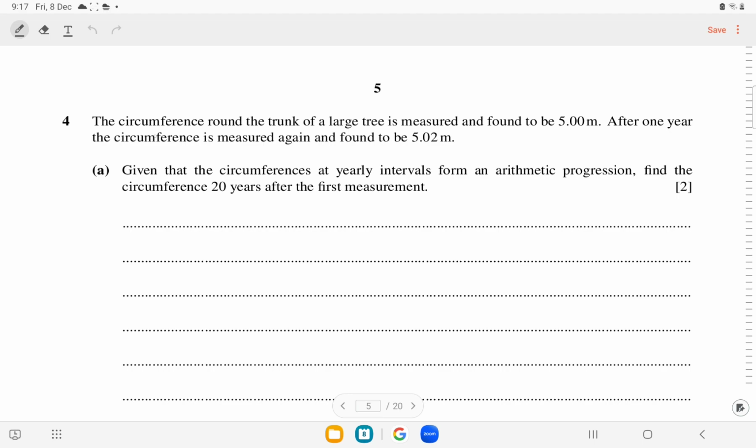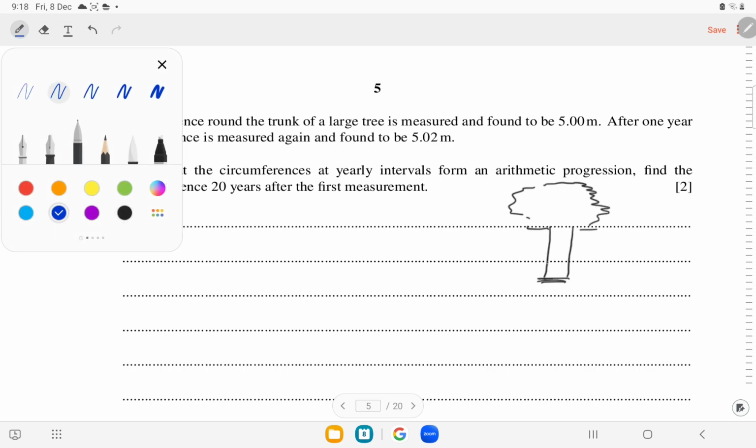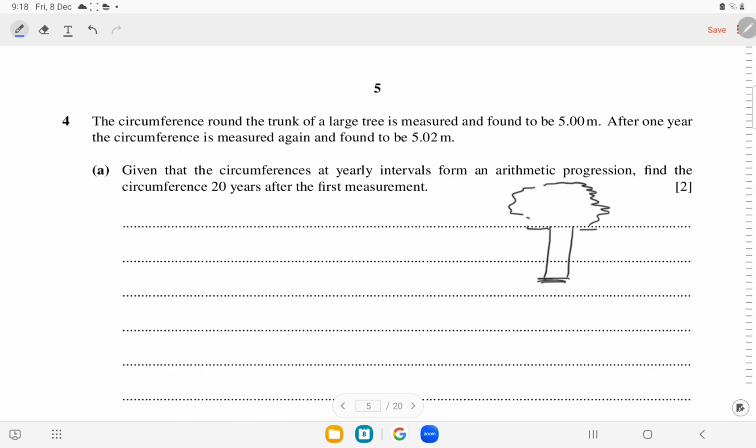Okay, it is given a circumference. The circumference around the trunk of a large tree. The circumference of the large tree is measured and found to be 5.00 meter.